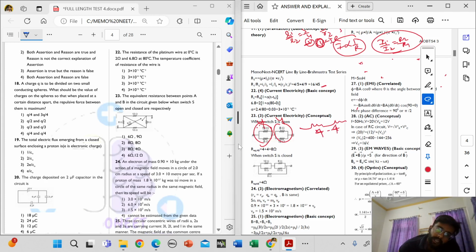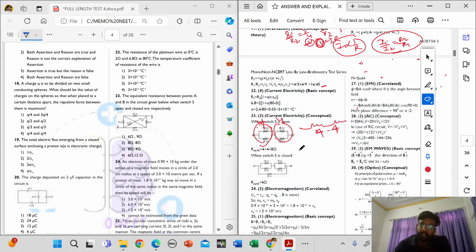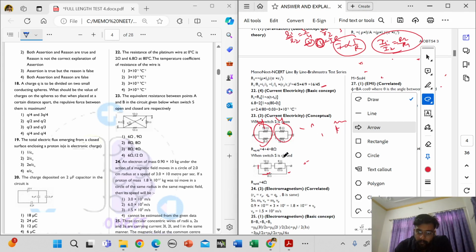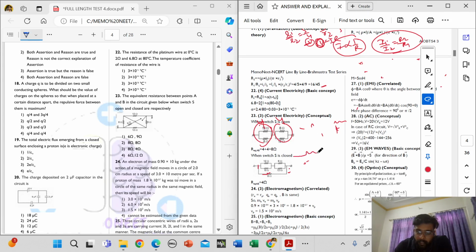Now, when switch S is closed, the whole circuit is the same, but this switch S is now closed between A and B. So one more resistance is directly connected between A and B. This upper circuit is the same; we have calculated for this, and we get 8 ohm, and one more resistance of 8 ohm.